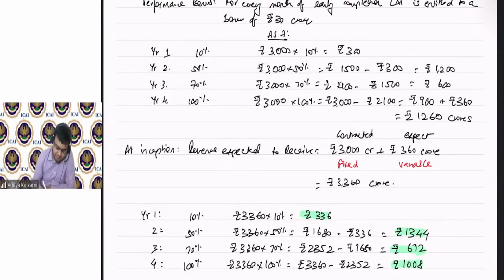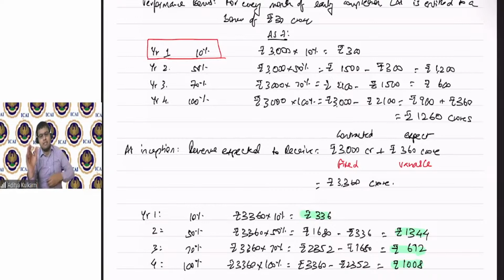सबसे पहले AS7 की बात करते हैं. We'll talk about AS7. So now, year 1, he will look at 10% completion. He will look at the contract price in the financials, 3,000. 3,000 into 10%, so he has recognized 300 crores.